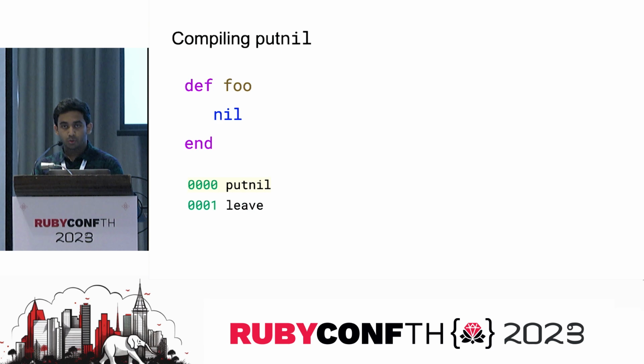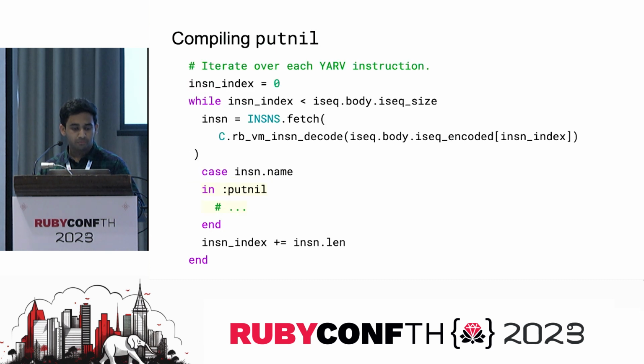So we are back at our method that returns nil, and it has two instructions, put nil and leave. If we handle put nil here, first of all, we can see that we are fetching our instruction and making it an object that we can use.